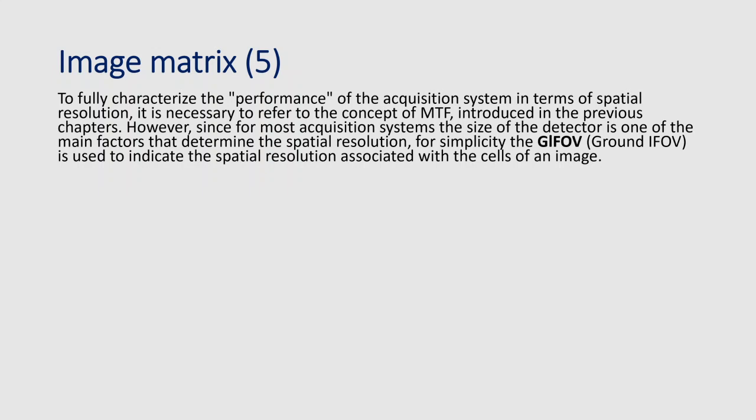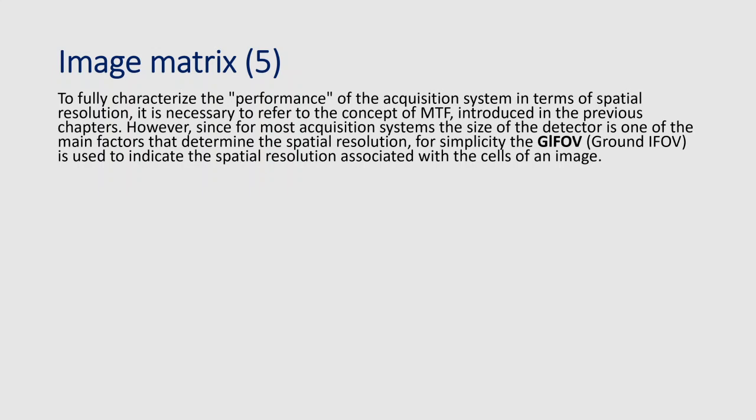Here is the ground instantaneous field of view. That means the AFOV projected on the ground surface. So this GFOV is used to indicate the spatial resolution associated with the cells of an image.